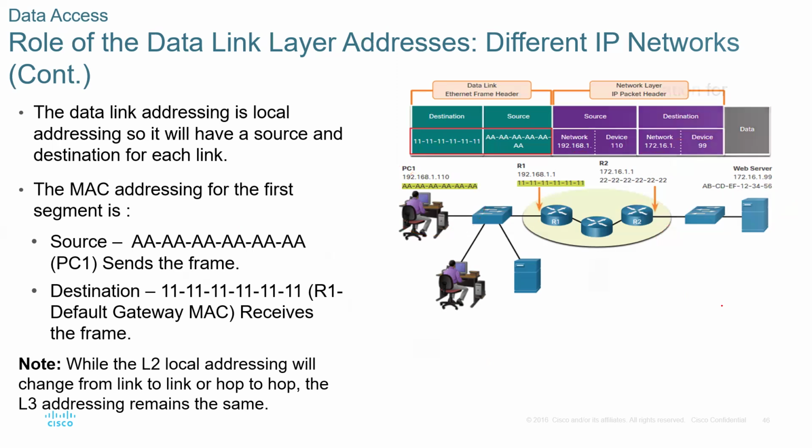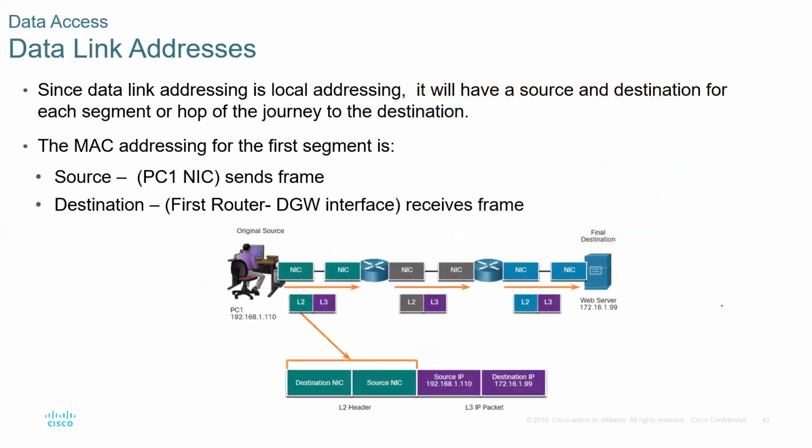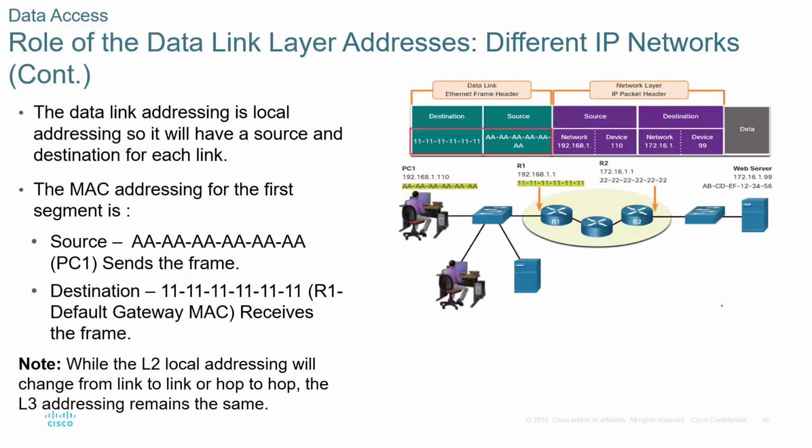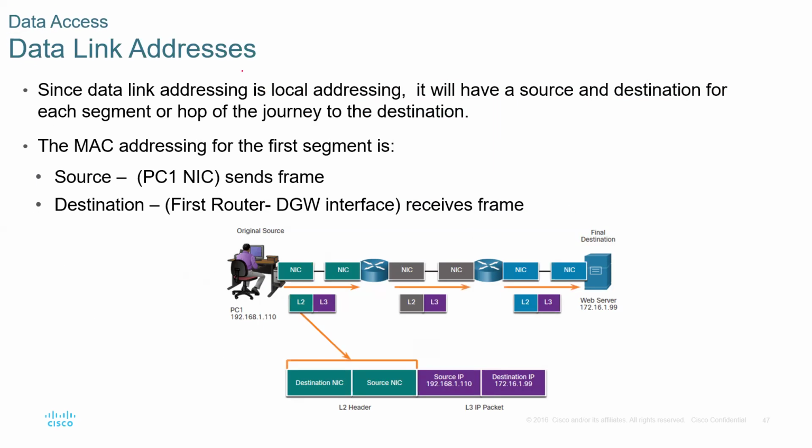All right. So now going a bit forward. This is what is happening on the first router. The MAC address for the first segment, the source is for PC1, no problem.